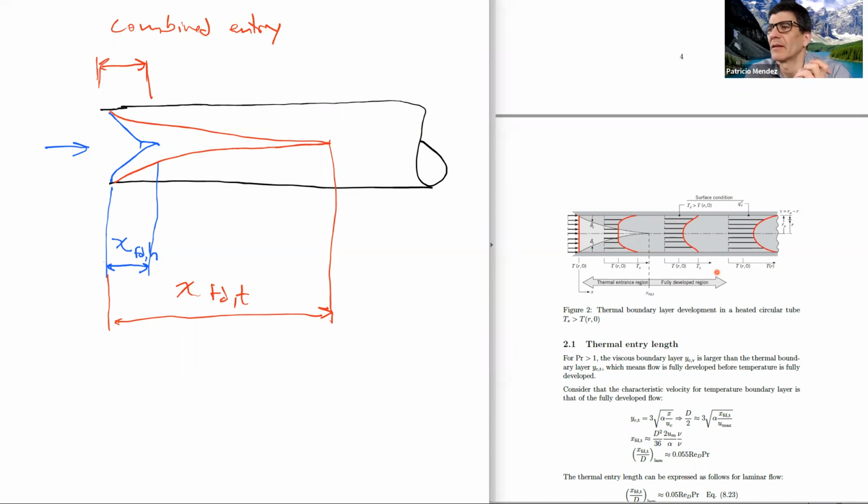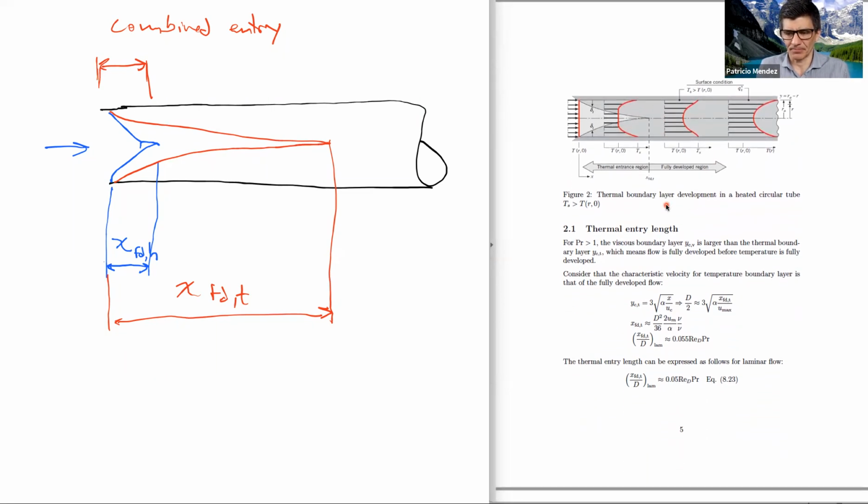Is the same? Of course, the same. Thank you so much. Because when Prandtl is 1, we have the Reynolds analogy that says that the solution for fluid flow is the same as the solution for heat transfer. So both boundary layers are going to be the same, both entry lengths are going to be the same, and that's the case of combined entry. And we're going to touch on that soon.